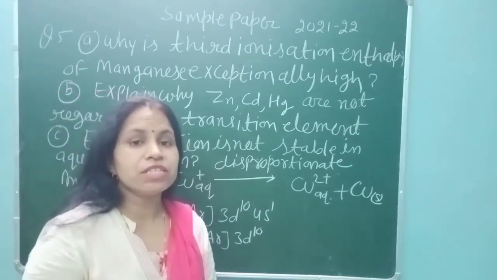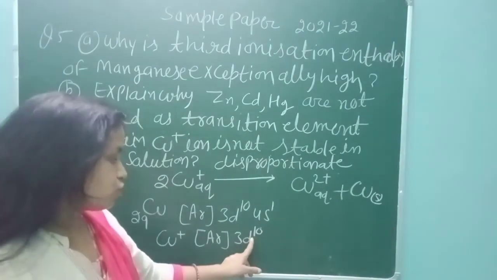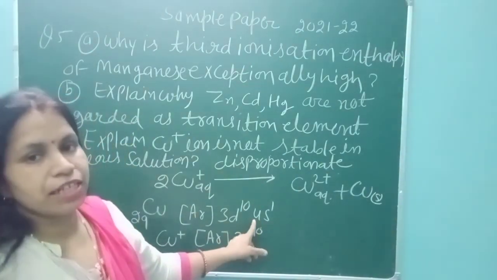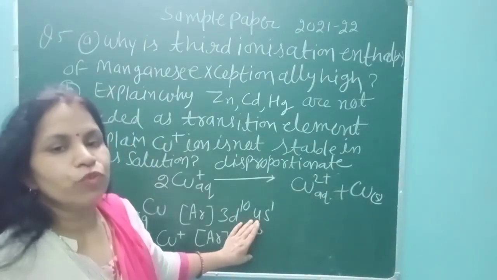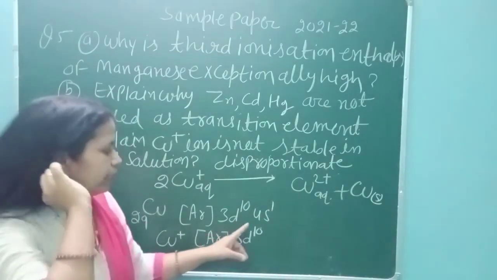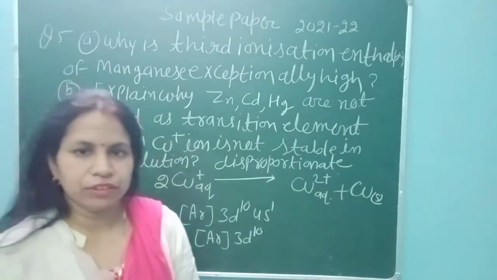This is because, for the second ionization enthalpy, it is very difficult to remove the last valence electron from the d orbital, because d10 is more stable, a fulfilled orbital, highly symmetric. So the second ionization enthalpy is more. Clear?